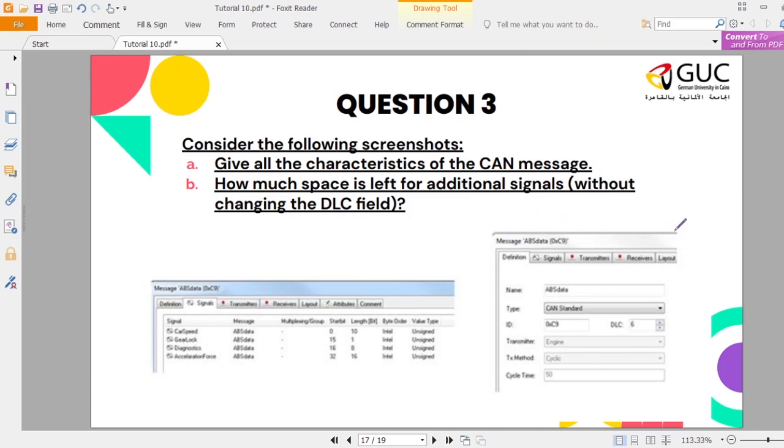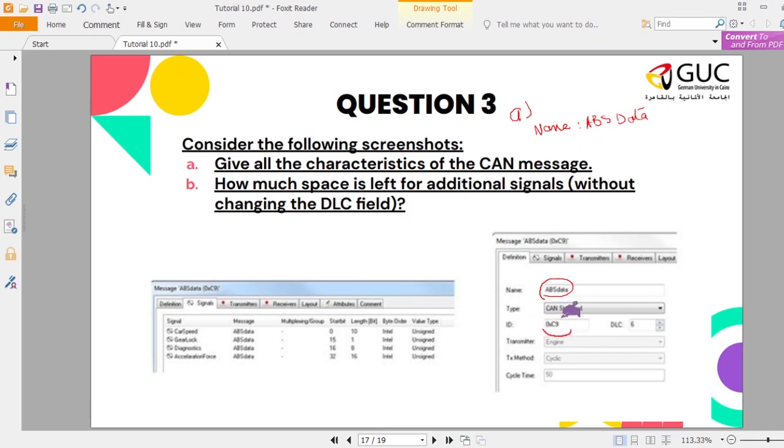characteristics. So number A, the characteristics are the name of the signal, which is, let's say it's the name, the ABS data. Okay, this is the first characteristic. And number 2, it has an ID, right?